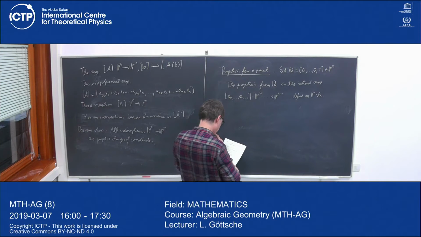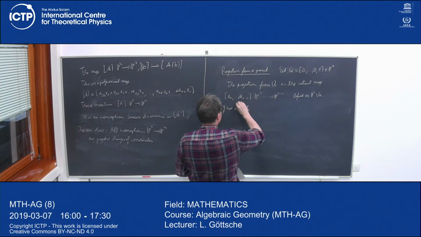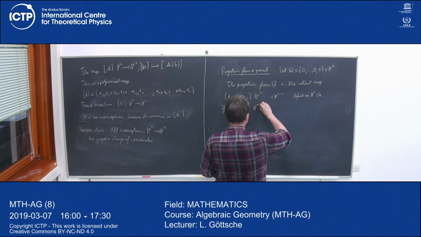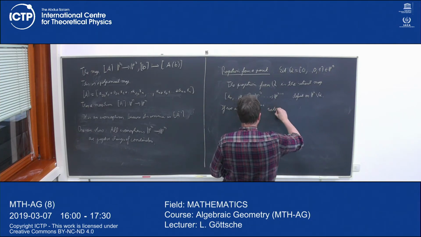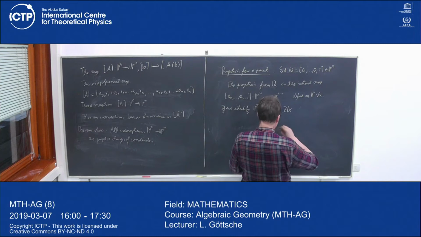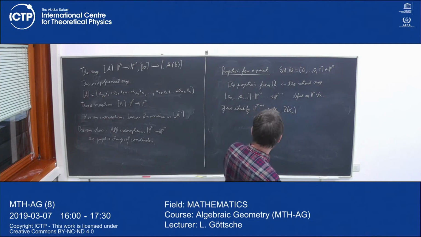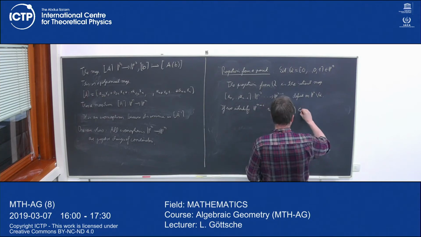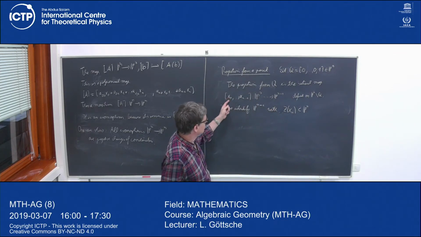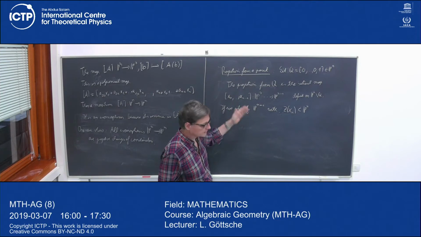If we identify P^(n-1) with a subspace, the zero set of xn, in P^n, just by sending a point (a0, ..., a(n-1)) to (a0, ..., a(n-1), 0), it's certainly a bijection.